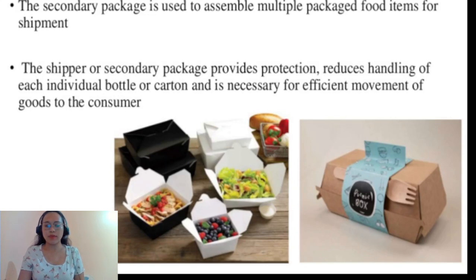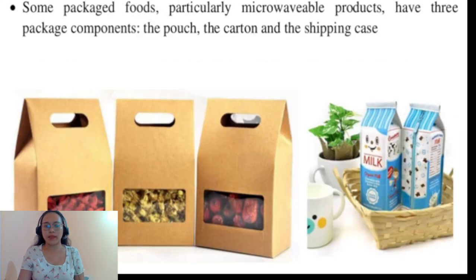As you can see in the picture, there's a really high standard for labeling for it to be ready for shipment. Then some packaged foods, particularly microwavable products, have three package components: the pouch, the carton, and the shipping case.